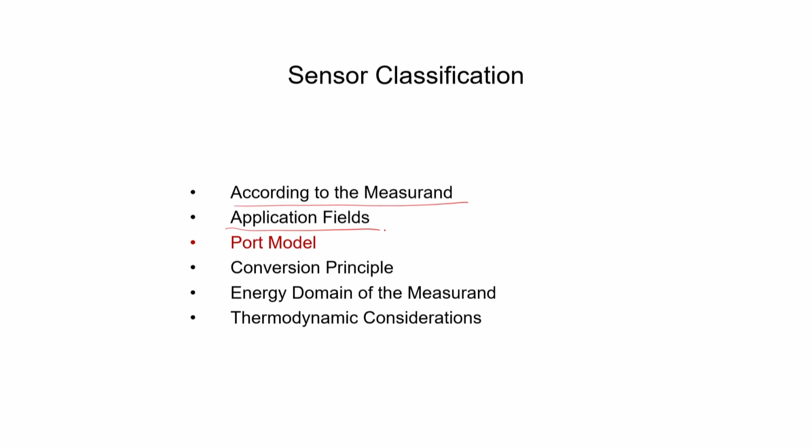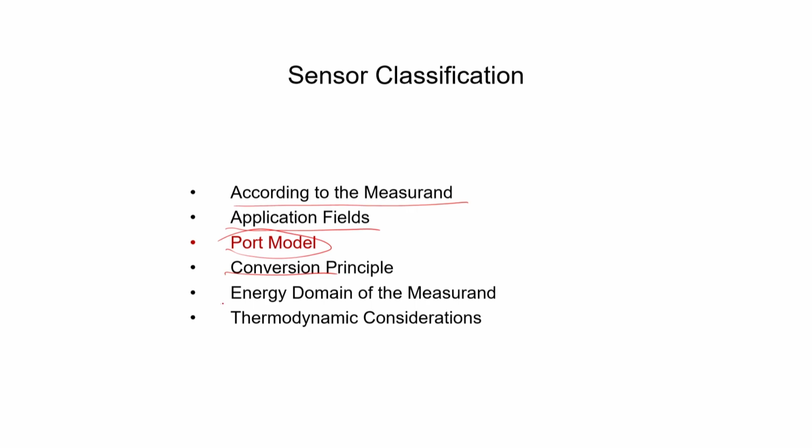So some is used, let us say, for optical purposes, all sorts of optical sensors. Then port model, I will come to the port model in a while. Conversion principle, that means definitely there will be some energy conversion. Is it between mechanical to electrical, or mechanical to optical, or mechanical to magnetic? These are conversion principles.